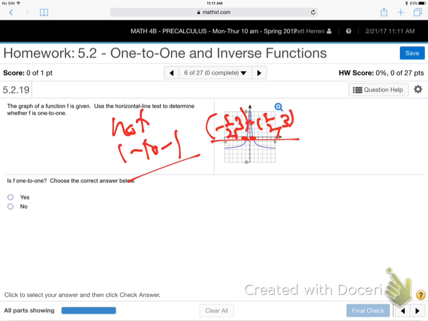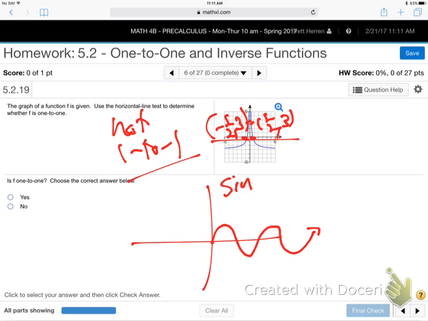Anyway, so remember inverse sine and cosine? What's the graph of regular sine look like? Kind of starts here and, that kind of thing, right? How's that thing do on the horizontal line test? Fails it miserably.